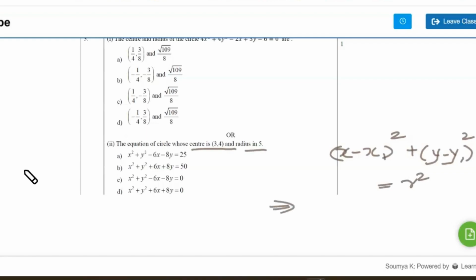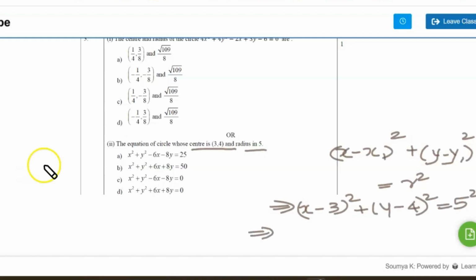So here x1 is 3, so it will be x minus 3 the whole square plus y minus 4 the whole square. This is equal to 5 square.